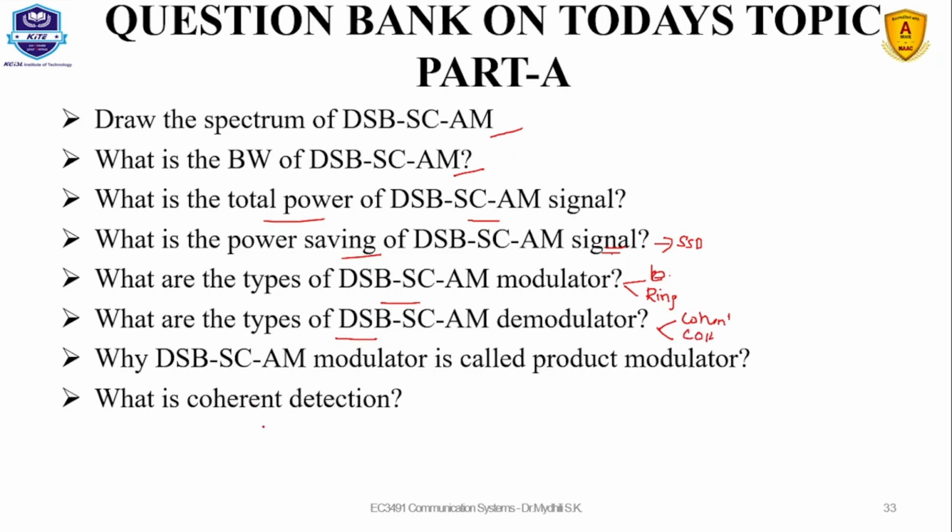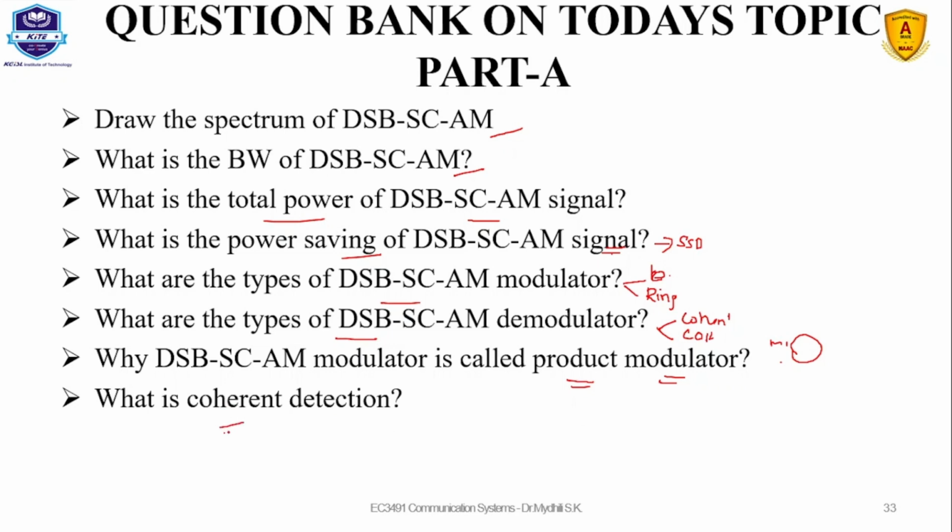They will also ask some analytical or recall questions, like why the DSB-SC AM modulator is called a product modulator. Because we feed m of t and c of t, which is produced from a local oscillator, and just multiplying them produces the output of a DSB-SC signal.